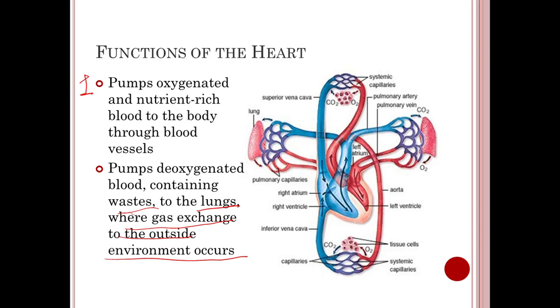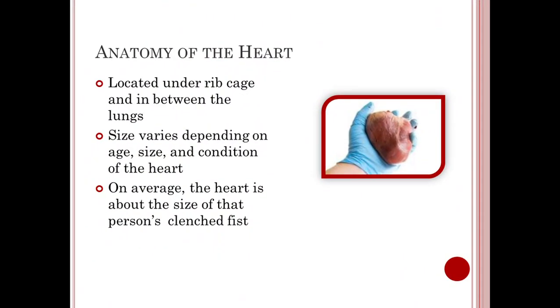Okay, clear? Now, anatomy of the heart, meaning where it is situated. It is situated under the rib cage and between the two lungs. So this is the area between your two lungs. If this is one lung and this is the other lung, then there is your heart.